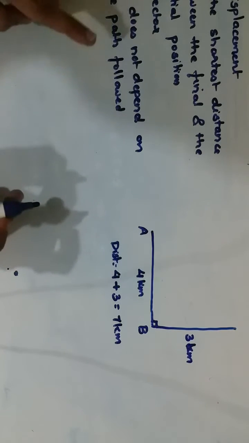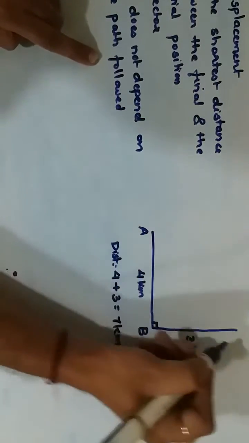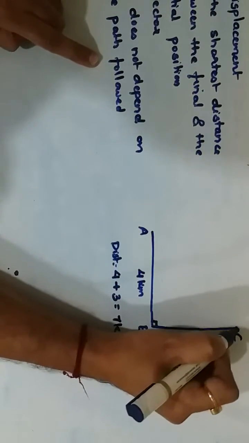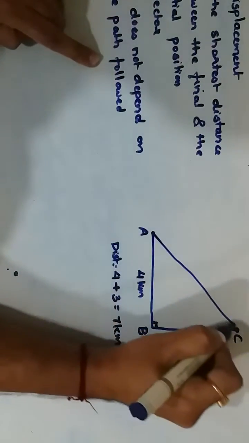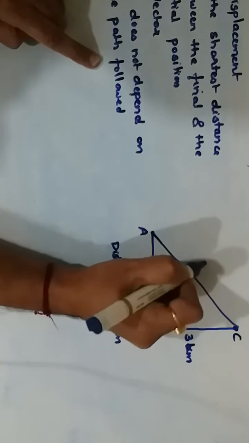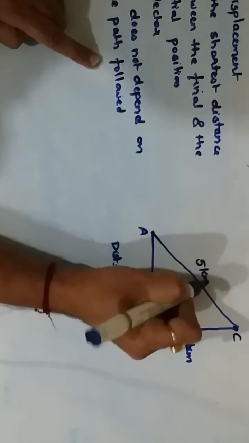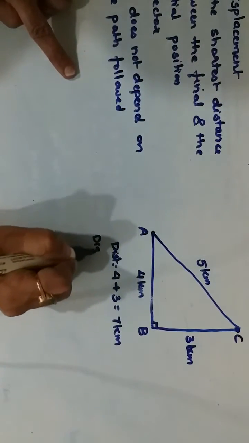Why? Because in case of displacement, we see the shortest distance between the final and the initial position. So when I join this direct line from A to C, by using Pythagoras theorem I get this as 5 kilometers.